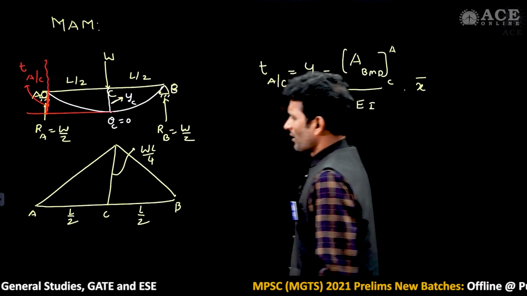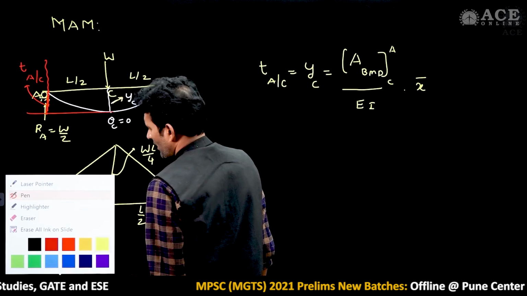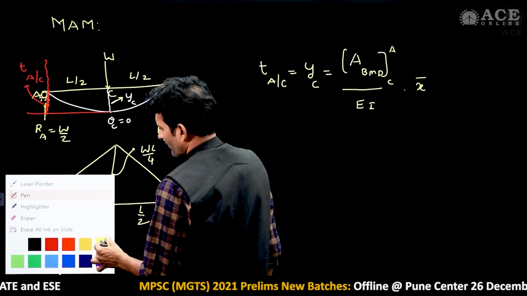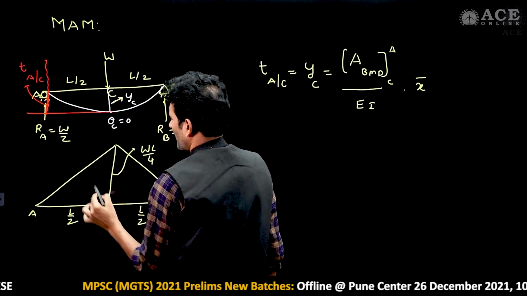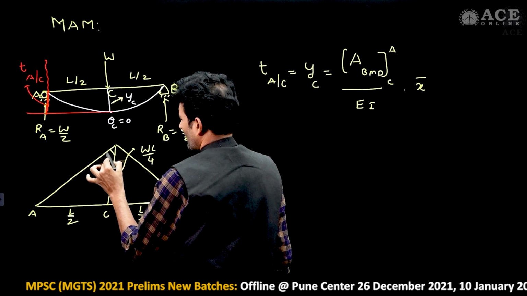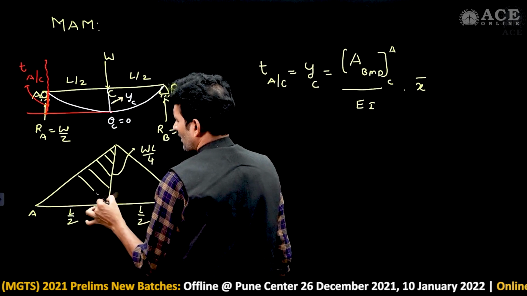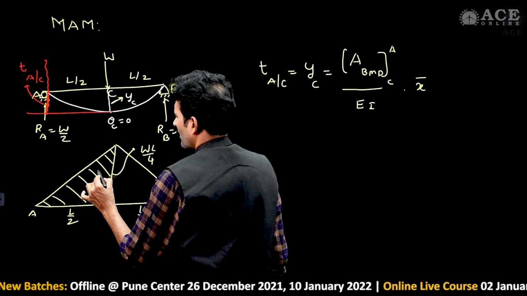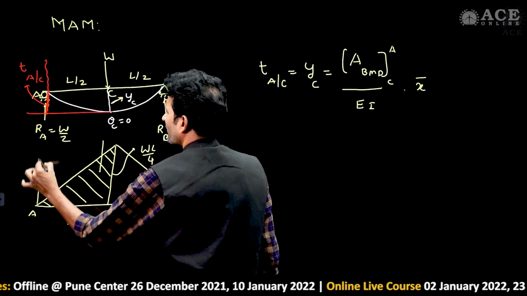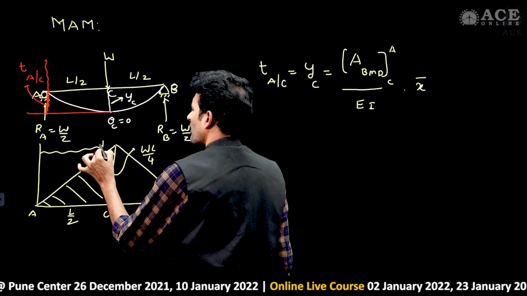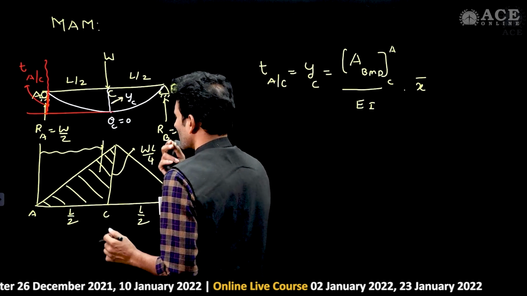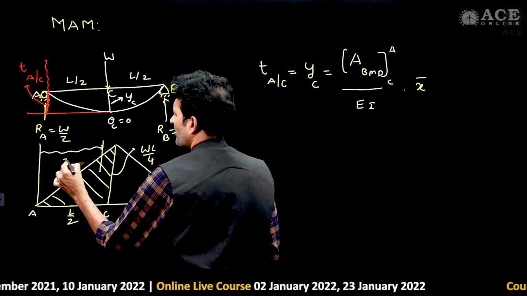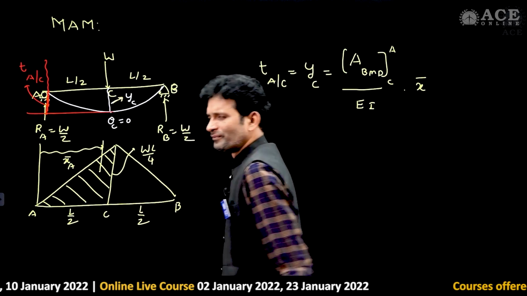Where do we need to measure X bar? I need to measure it from point A. Look here, this is the area I am observing between A and C. X bar for this area I need to take from point A. X bar is always measured from the tangential deviation point. This is X bar from A.